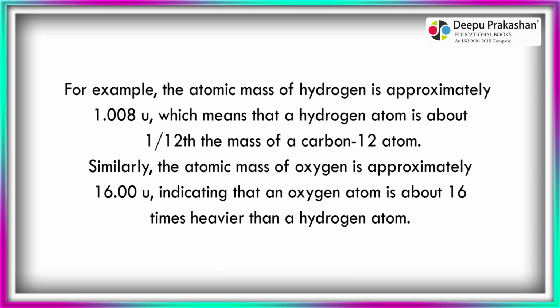For example, the atomic mass of hydrogen is approximately 1.008 U, which means that a hydrogen atom is about 1/12 the mass of a carbon-12 atom. Similarly, the atomic mass of oxygen is approximately 16 U, indicating that an oxygen atom is about 16 times heavier than a hydrogen atom.